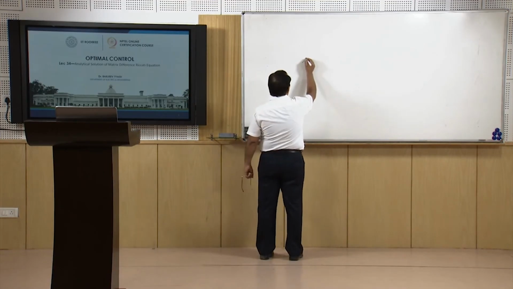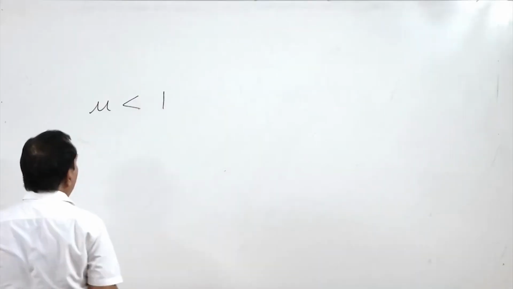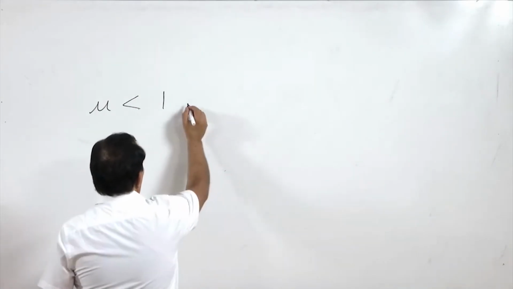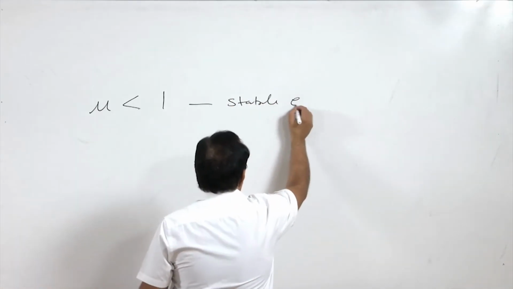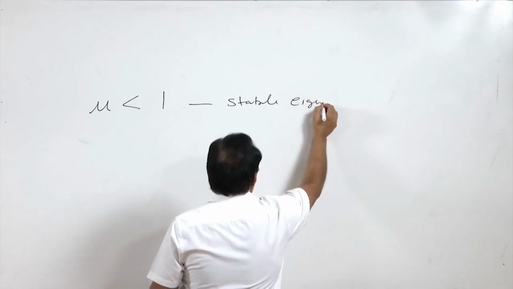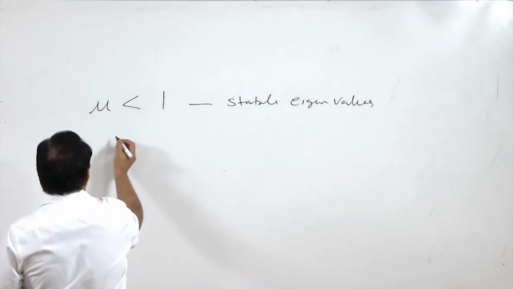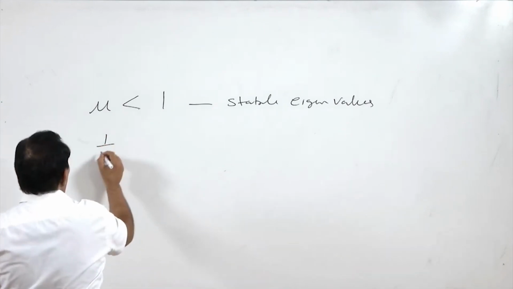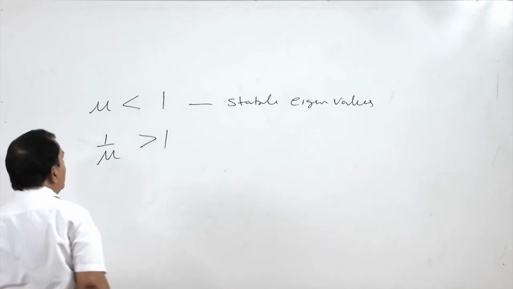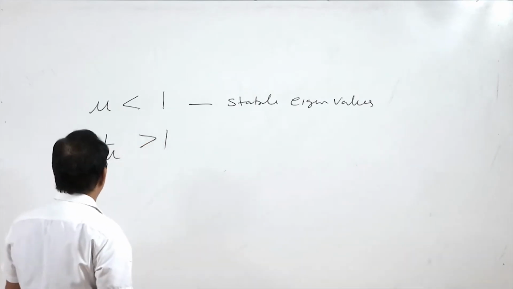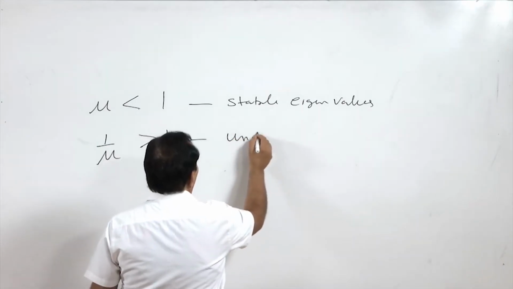So, if mu is less than 1, I have stable eigenvalues, and 1 upon mu, which naturally will be greater than 1, means unstable eigenvalues.